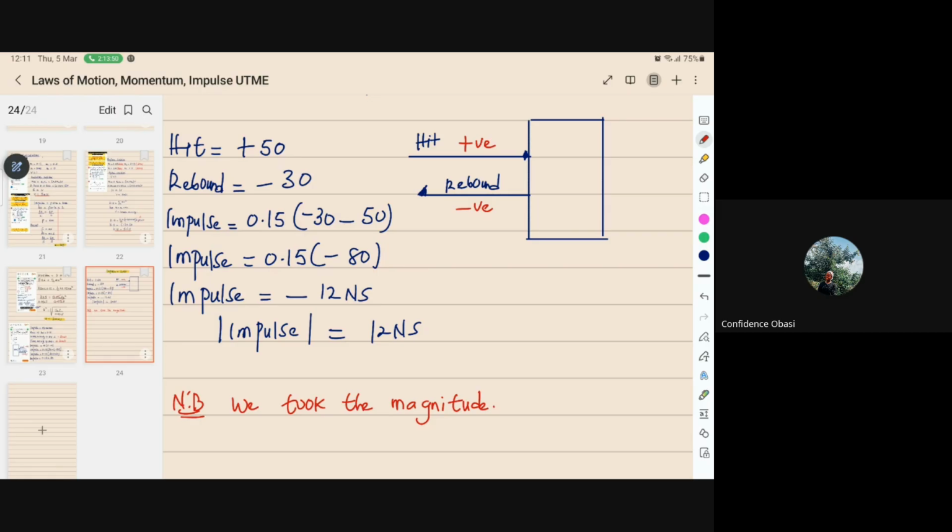Any other one that Paul sent that was not tackled? Force of magnitude, find a particle velocity, rebound, impulse. Yeah, I think I've touched the key things here. Okay, let me quickly solve one that has to do with the recoil of a gun.